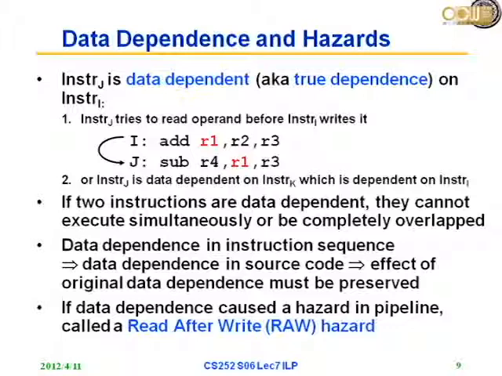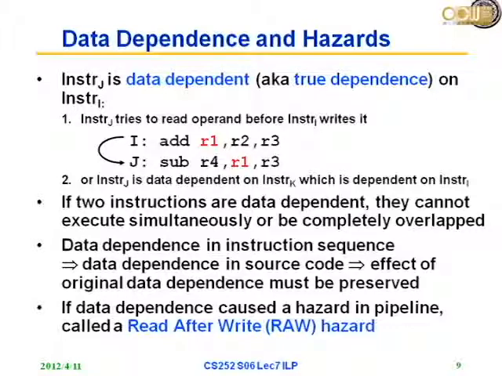And this machine code sequence, again, must abide by the original data dependence relationships from the application. We also call the true data dependence the read after write dependence.